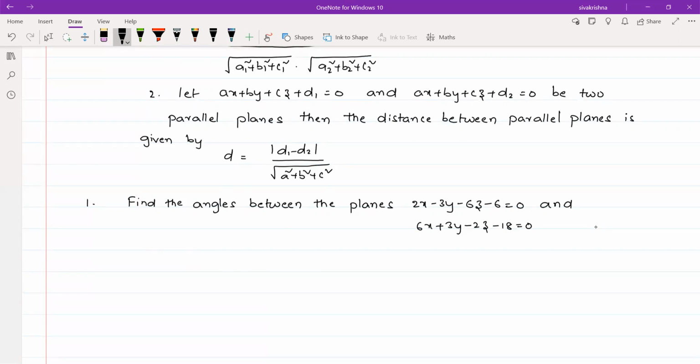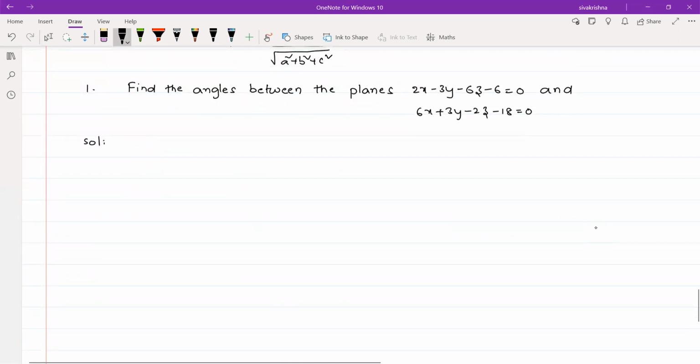Coming to the second angle, by using the formula 180 minus theta, we get the second angle between the two planes. So whenever the question asks to find the angles between the planes, we have to find both the angles.